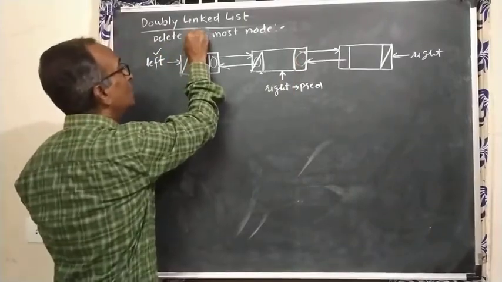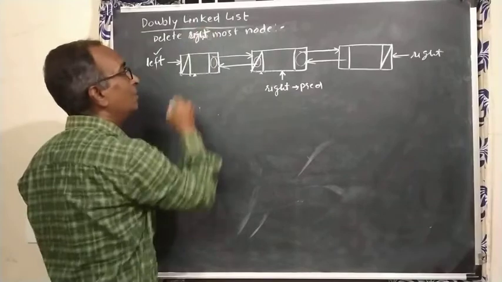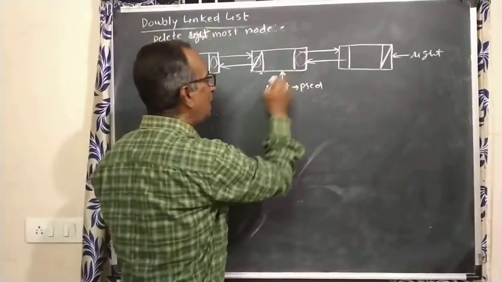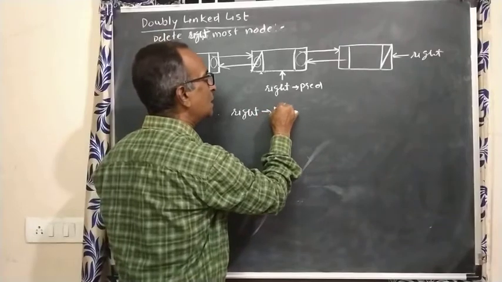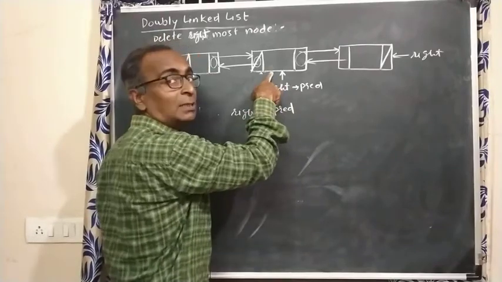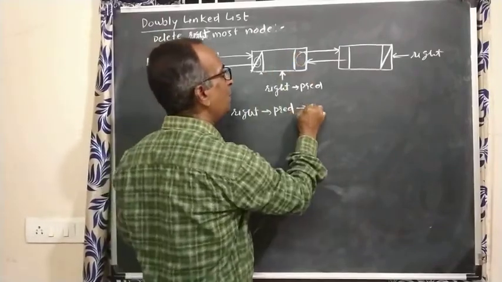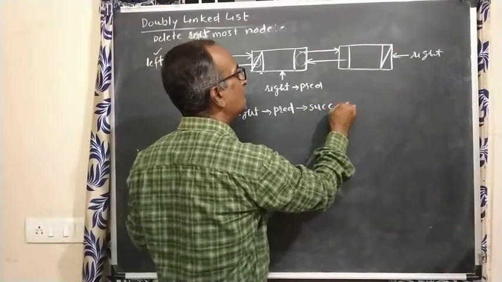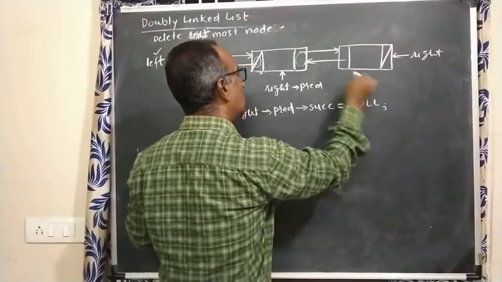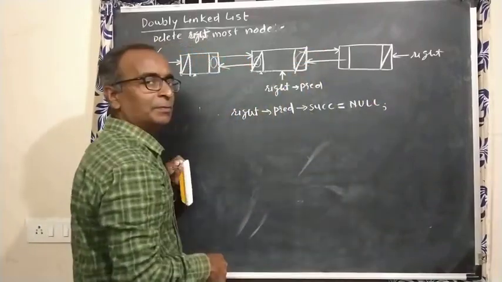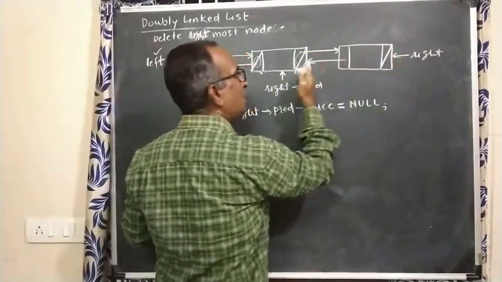So if I am saying rightmost node deletion, this field can be accessed by right's predecessor. This is this node's address, and its successor field you are accessing, and it is given as null. So this will be null. Then right will be changed.